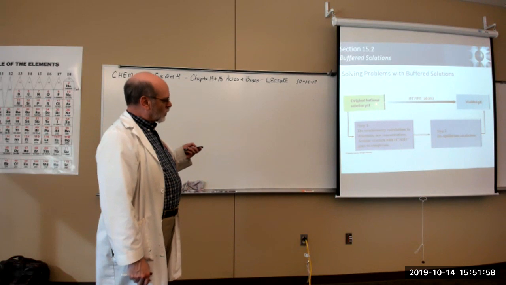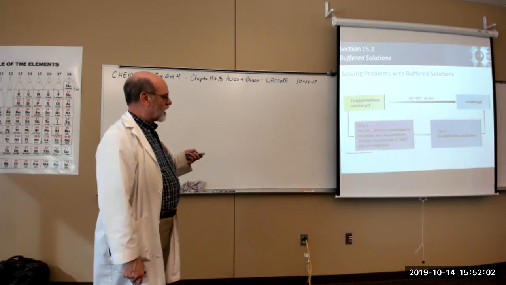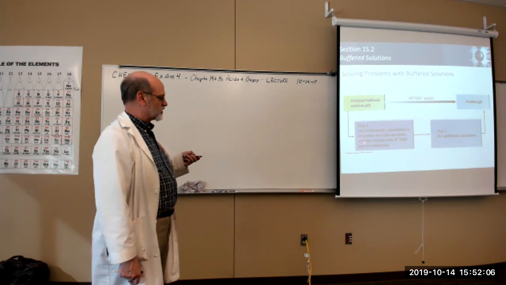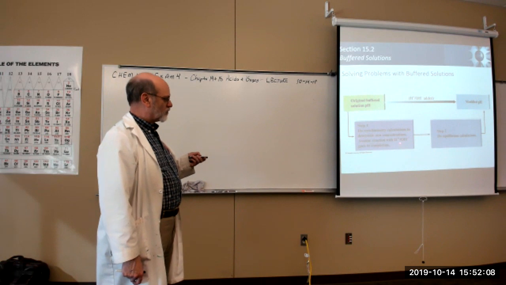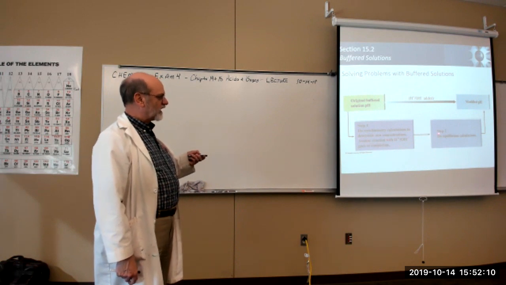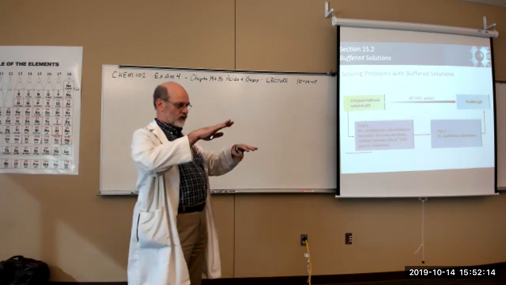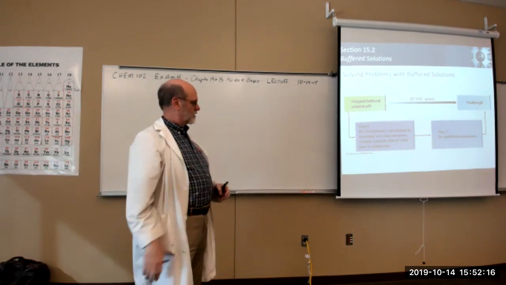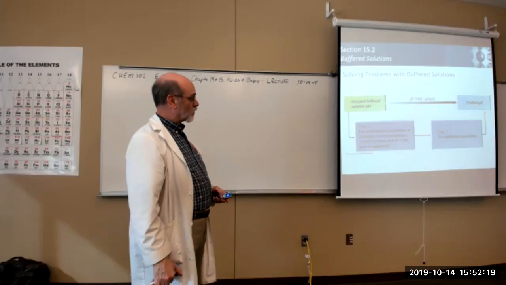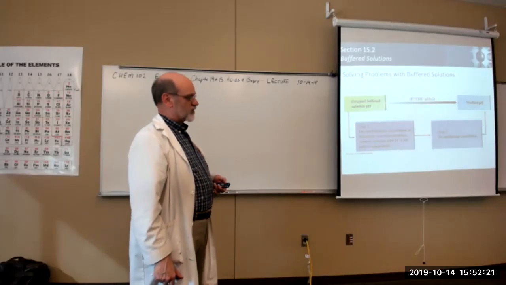So, in order to solve the problem, when we add something, first we do the stoichiometry to determine the new concentrations in our buffer solution. Then we let the equilibrium take over and establish a new equilibrium. And that gives us our new pH.